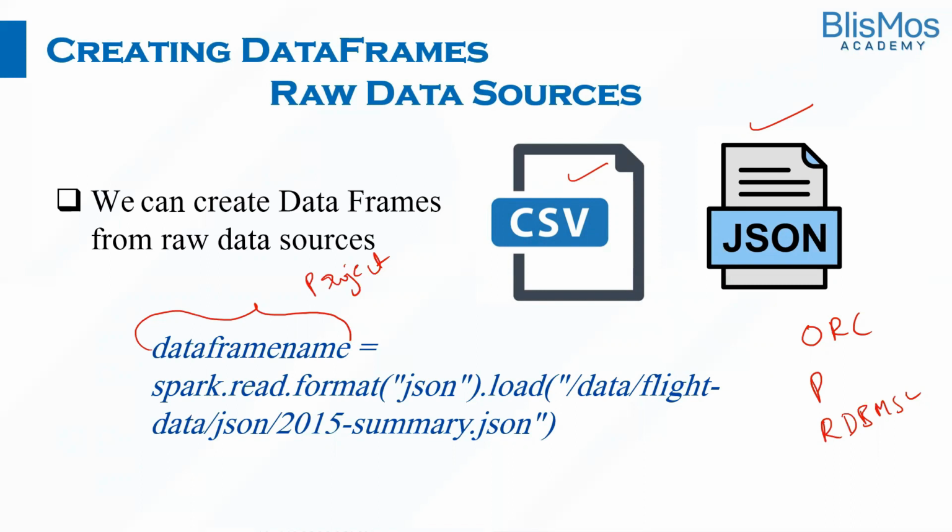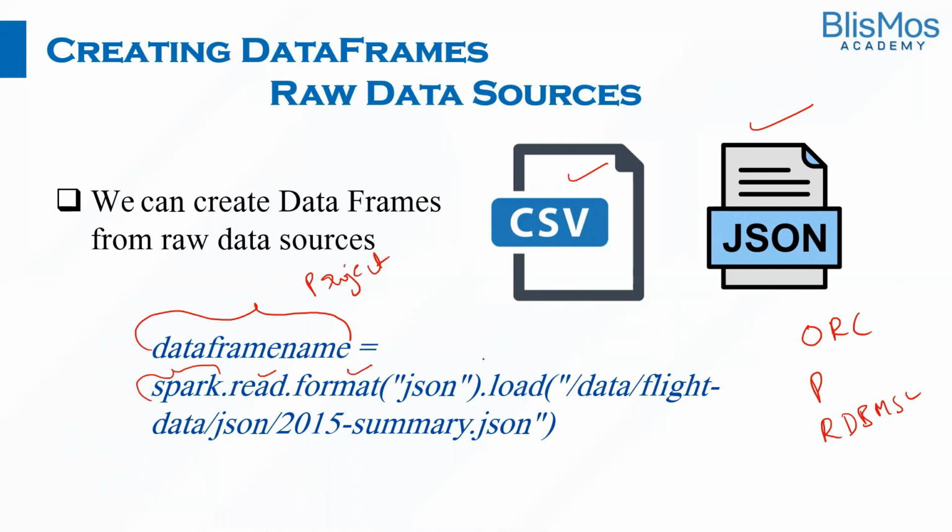Next, before we really work on anything, we need to go through a Spark session. Then we need to use read. We'll see what the read function is in the upcoming lectures. For now, just understand that in order to create a data frame, we need to use the Spark session, read, and also specify the format.